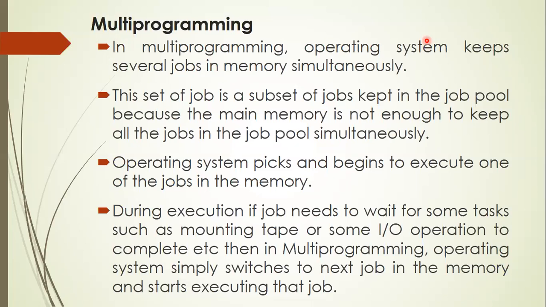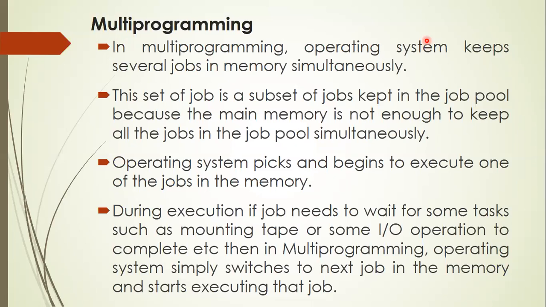Even though you have 25 jobs to be executed, all the 25 jobs cannot be brought to the main memory at a time. So depending on your memory capacity, first some 5 jobs from the secondary memory are brought to the main memory, because our main memory is not enough to keep all the 25 jobs.